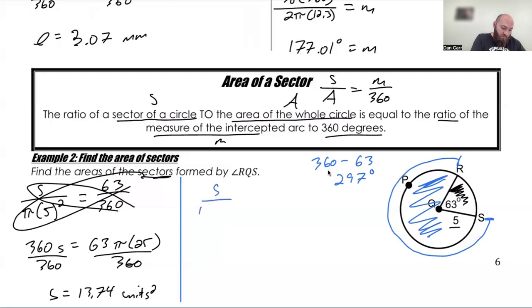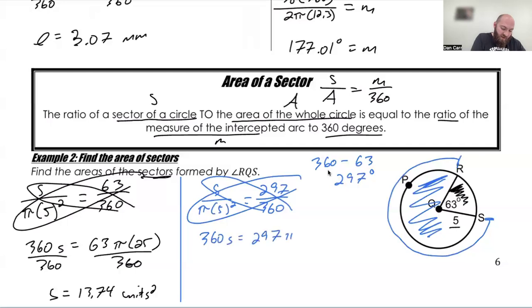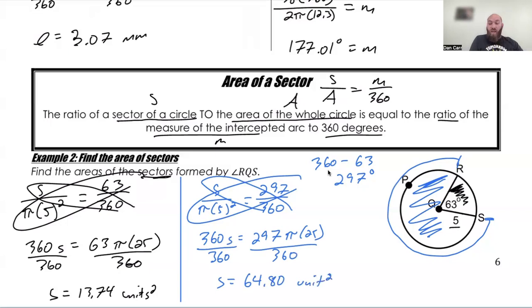So that's S over pi times 5 squared is equal to 297 over 360. So then we can cross multiply. So 360S equals 297 times pi times 25 again. Then we divide both sides by 360. So S in this case comes out to 64.80, and this is going to be units squared again.